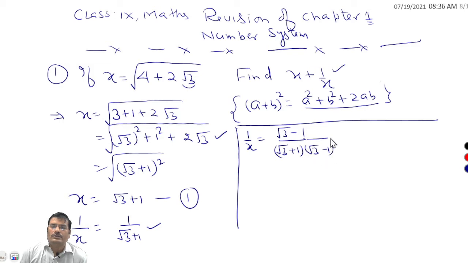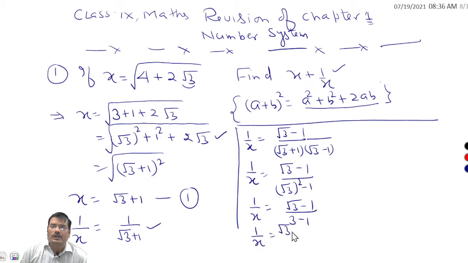So this is under root 3 minus 1 upon the whole square of under root 3 minus 1, and 1 upon x is equal to under root 3 minus 1 upon 3 minus 1. So 1 upon x is equal to under root 3 minus 1 upon 2.